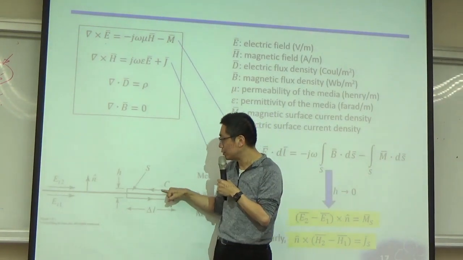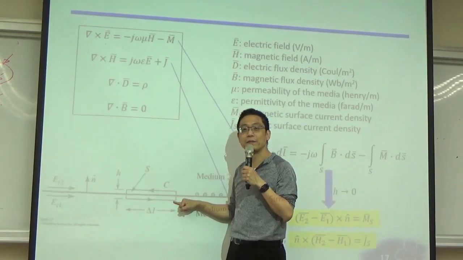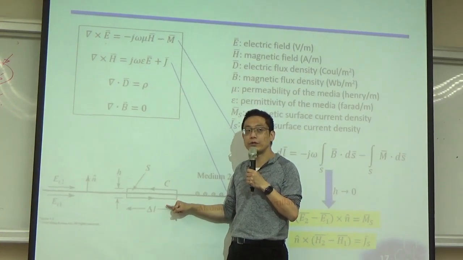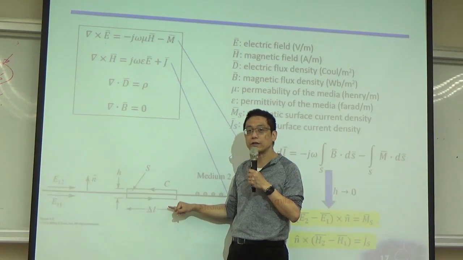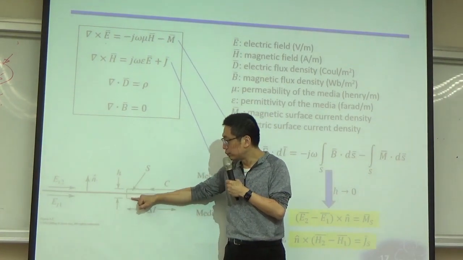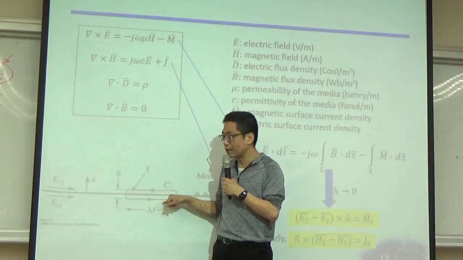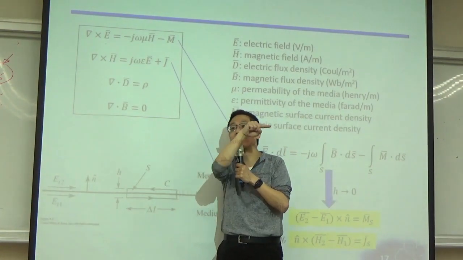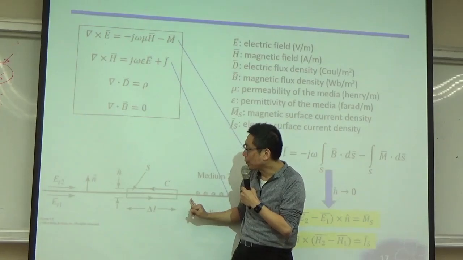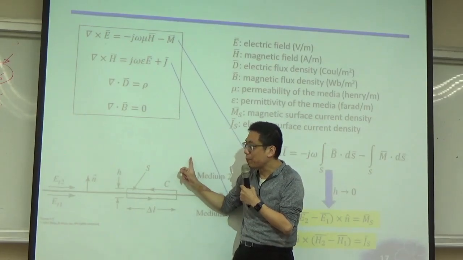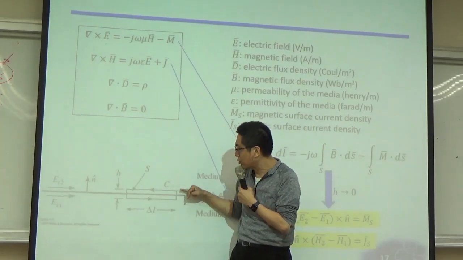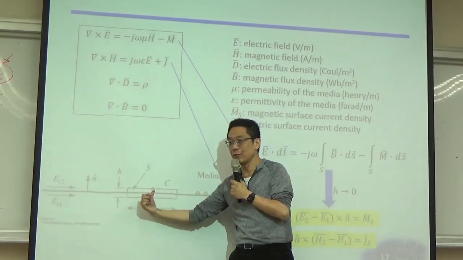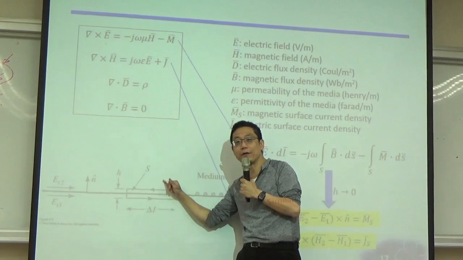We have only two lines here. But because it is a loop, the direction of integration of these two lines is in the opposite way. Because it is a loop, right? So for the top side, it's going that way. And for the bottom side, it's going the other way, they are going in different ways.